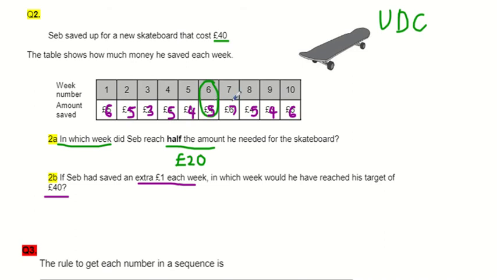Add 7, 35. Add 5 is 40. So in week 8, he managed to save his £40. So hopefully then you've got in week 6 for 2A and week 8 for 2B.